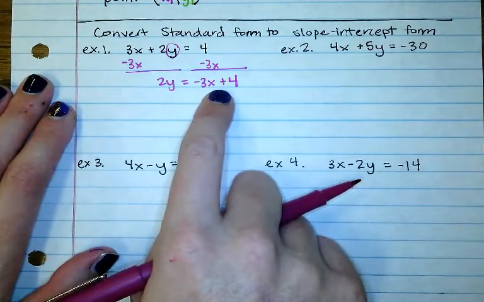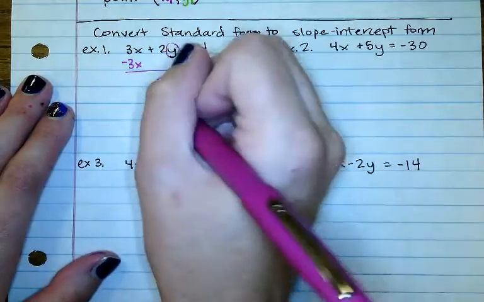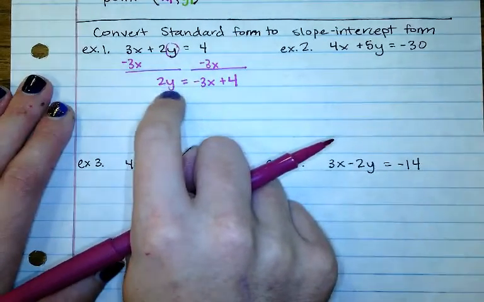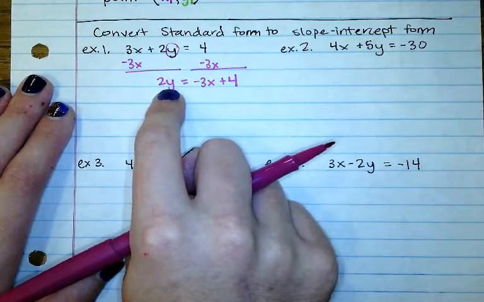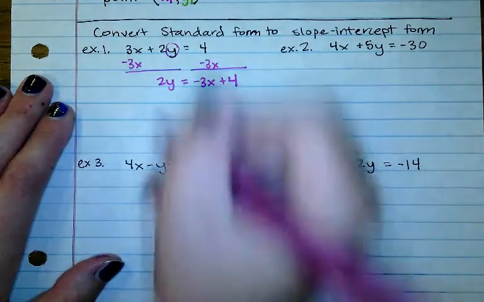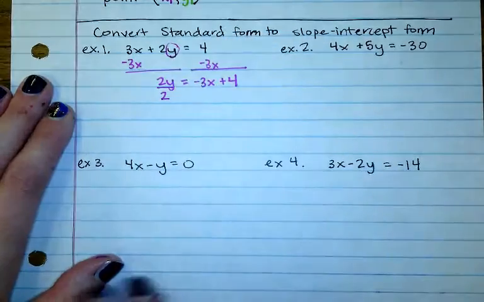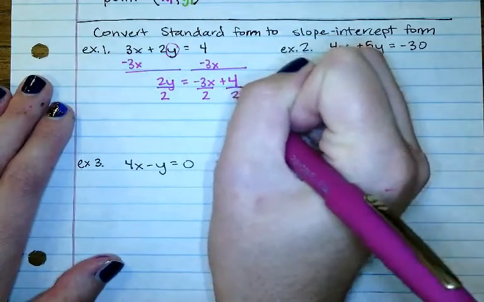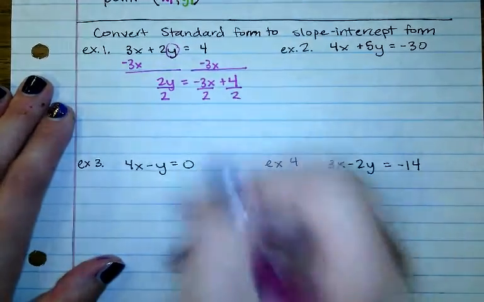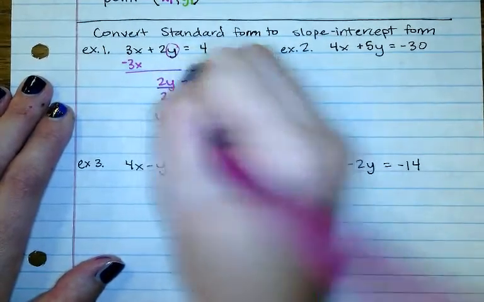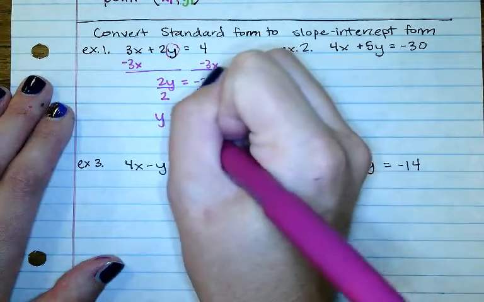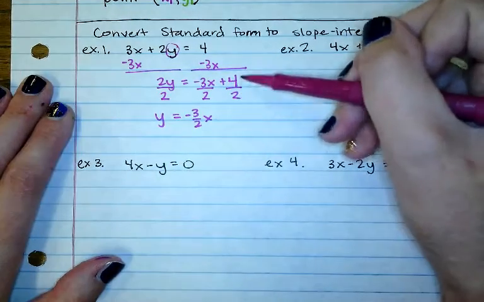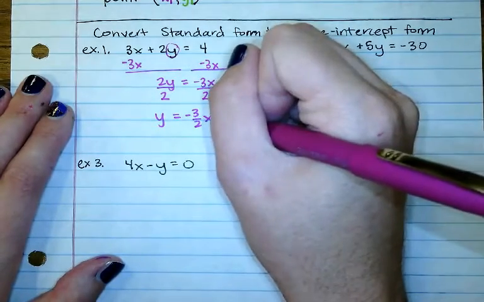So now I still need to get the y by itself. So what do I need to do to get rid of that 2 there? Divide. So if I divide by 2, then I'm going to divide each term on my right by 2. And we will be left with y is equal to negative 3/2 x plus 4 over 2. So that's going to be 2.